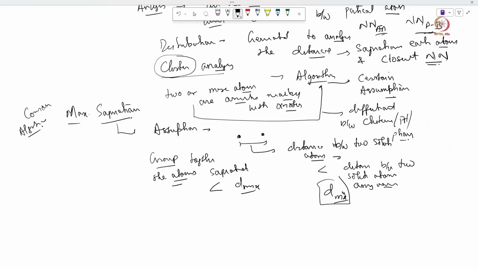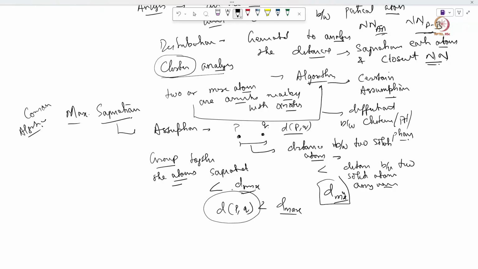That is, if there are solutes P and Q separated by a distance dpq, then the cluster algorithm will find the clusters having a dpq less than the D max.